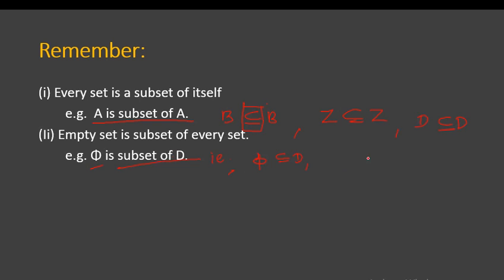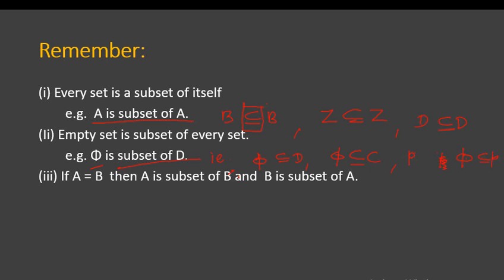Suppose we have set C, then the empty set is also a subset of C. Let's take another set. If we have set P, then phi is also a subset of P. So this way we can represent the empty set.